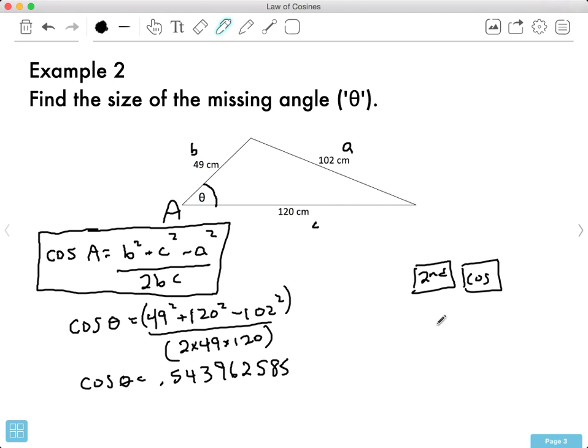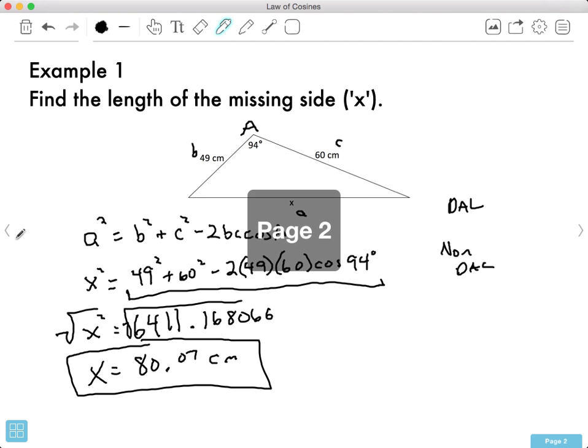Again, if you need the calculator help there, you can talk to the people in the resource room or your teacher. They can help you out. What you should get if you successfully do inverse cos on that number is that theta is equal to, and I'm rounding to 2 decimal places, 57.05 degrees.